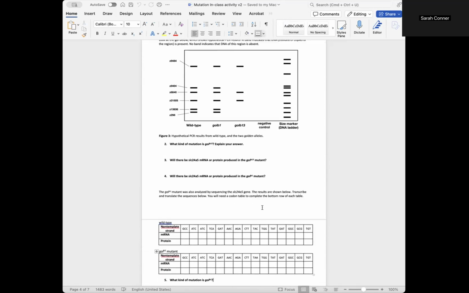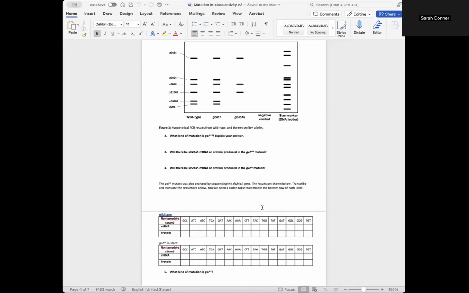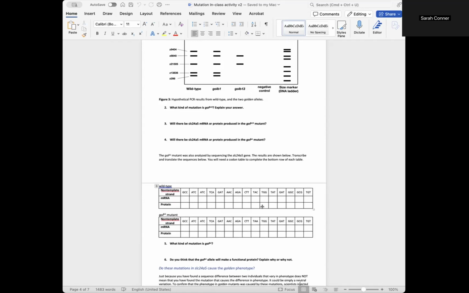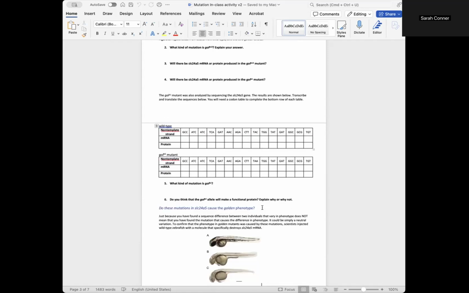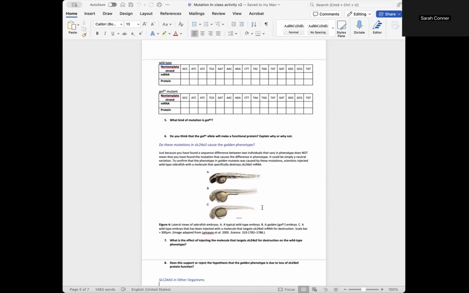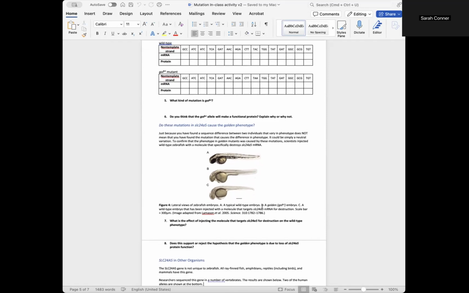If you're not sure, here is the wild type strand versus the mutant strand. Then you can decide which kind of mutation is involved in this color change between the two fish, and what it might look like when injecting the molecule and targeting that gene in each fish, the golden and the wild type.